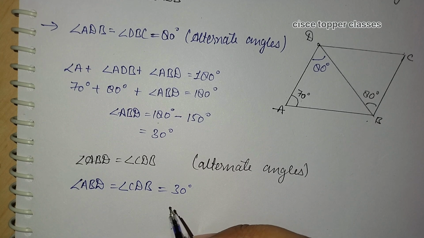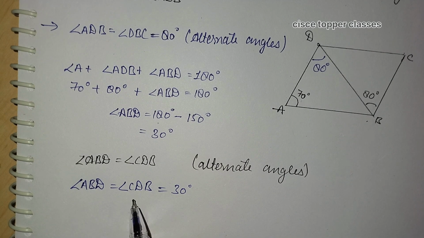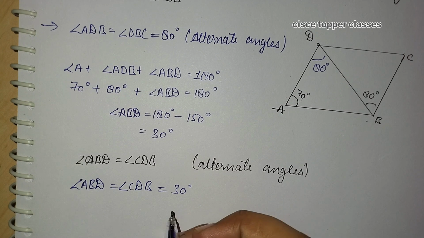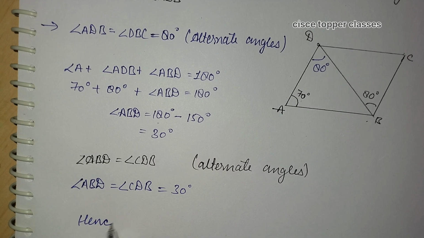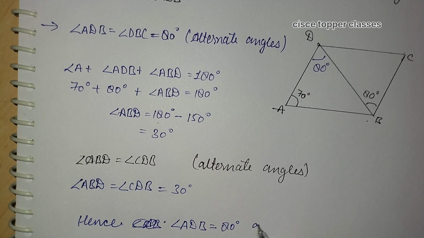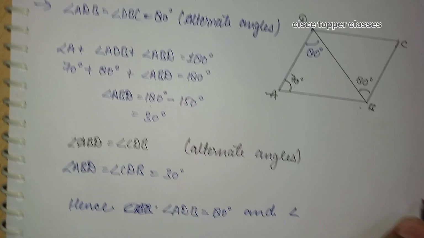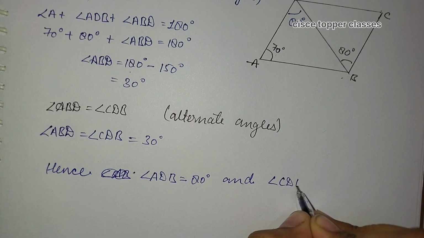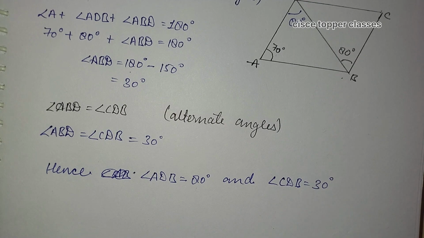From here we got the value of CDB, which we have to find. So this is the final answer. Hence angle ABD, sorry, which we have to find is angle ADB. Angle ADB is equal to 80 degree in this question, and angle CDB, which we have to find, is equal to 30 degree. So this is the final answer in this question.